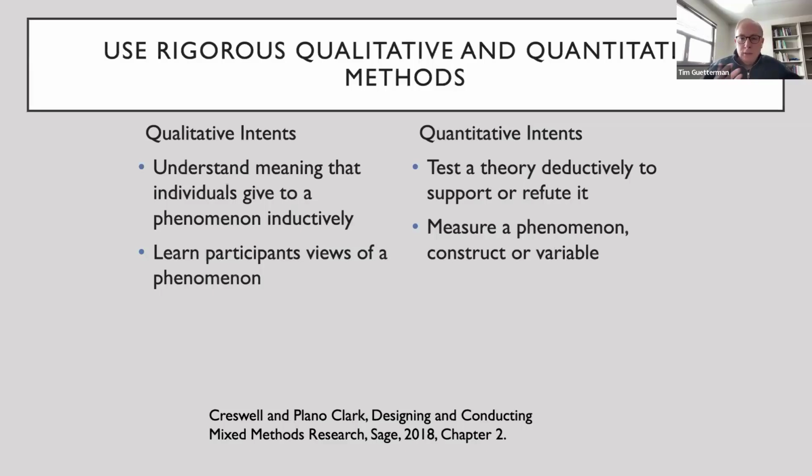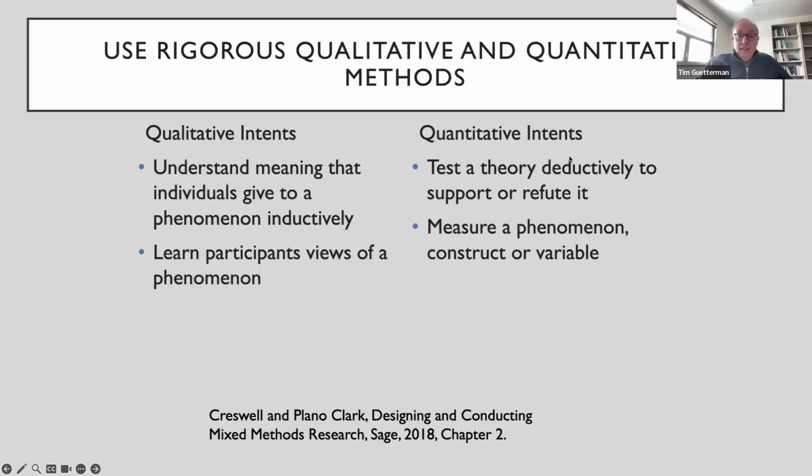So I think part of maintaining the rigor of both the qualitative and quantitative methods is really understanding, but also being respectful of the intent of what both forms of research bring. So qualitatively, we might be focused on understanding the meaning of an experience, of a phenomenon, for instance, or learning participants' views in their own words, just to give a few examples.